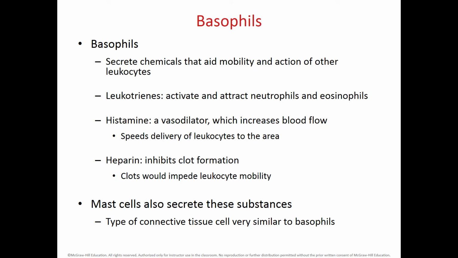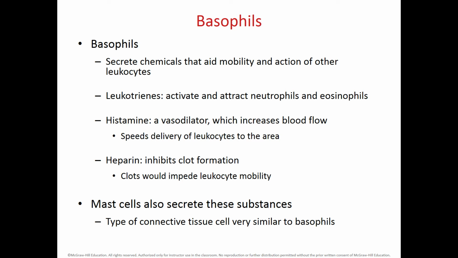Basophils will encounter these antigens and then they will secrete chemicals that will help in attracting other leukocytes. The chemicals that they can release are leukotrienes, histamine, and heparin. Leukotrienes will attract neutrophils and eosinophils, while histamine, no matter which cell it is released from, is a chemical that opens up the endothelial cells within the blood vessels.